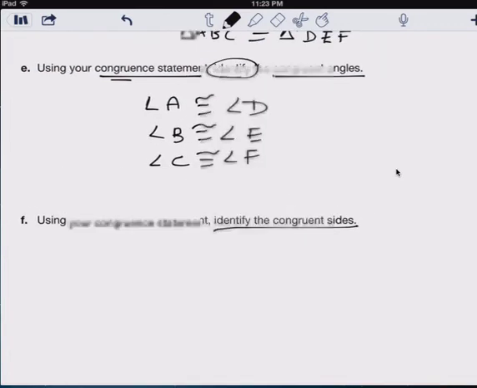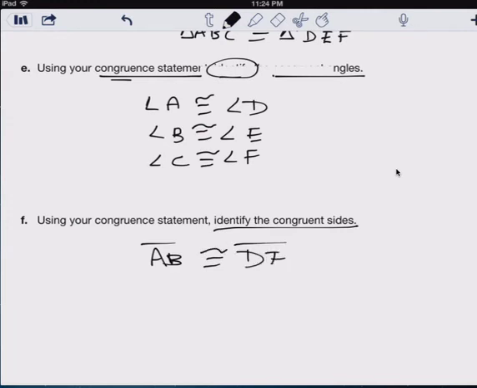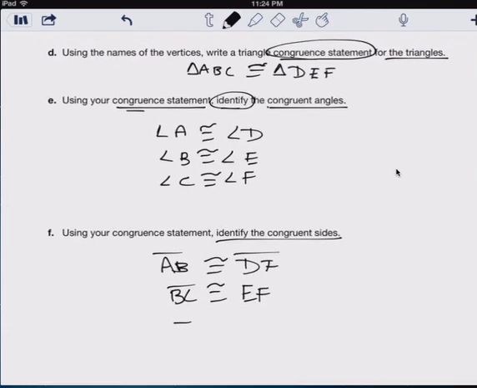Well, line segment AB is congruent to line segment DE. Same thing. Line segment BC is congruent to line segment EF. Line segment AC is congruent to DF.